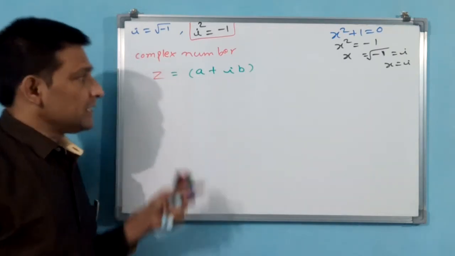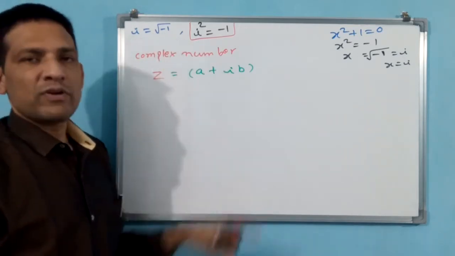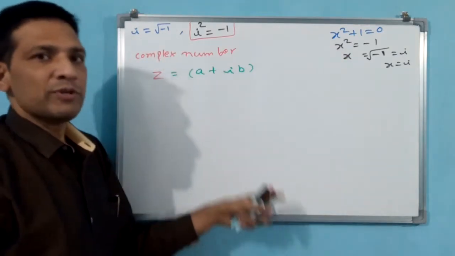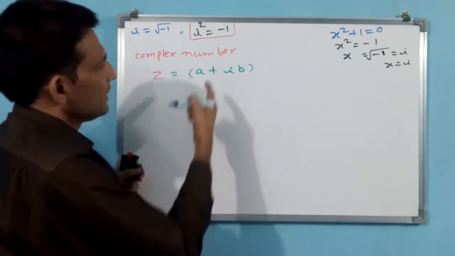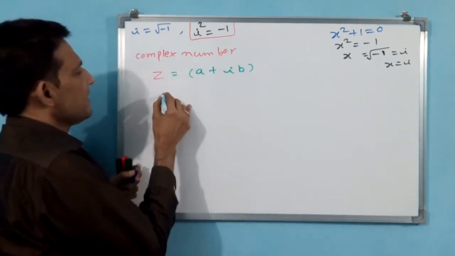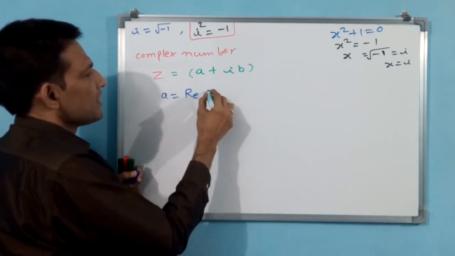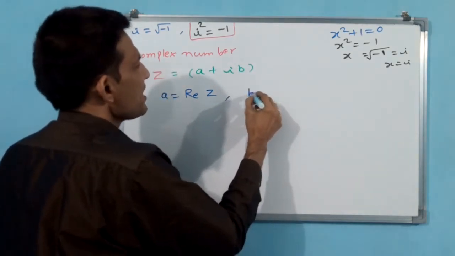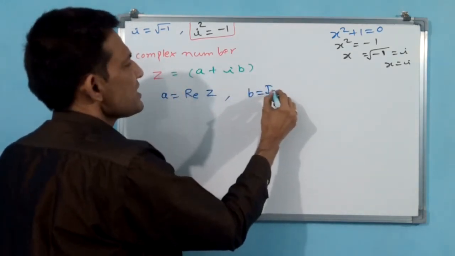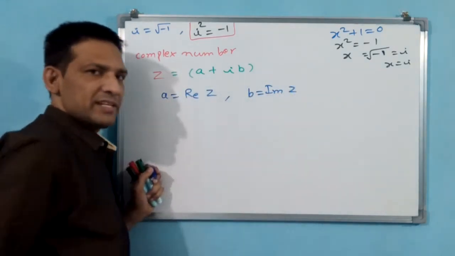You see, what is a plus ib? i we know already. i is equal to square root of minus 1. Whatever story you have been told until now belongs to i. Now I can say a is the real part of the complex number, b is the imaginary part of the complex number. Here this is real, this is imaginary.